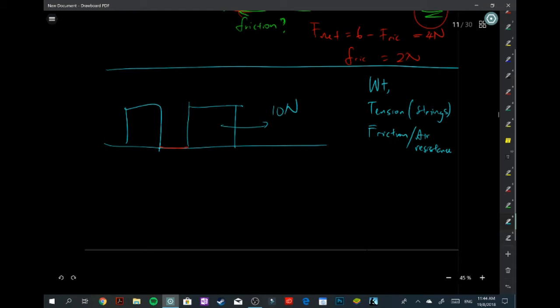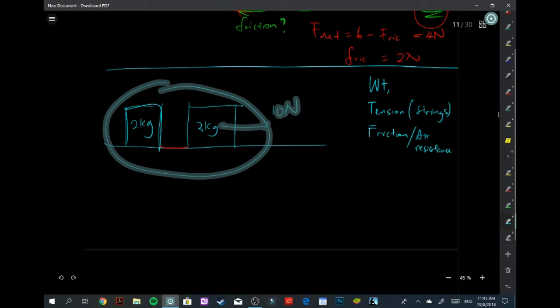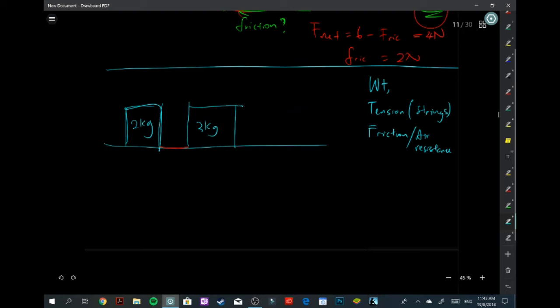Now the question is going to be asked that I want you all to identify. Let's say this is 3 kg and this is 2 kg. Let's say the net force of this system. There are a few ways to look at it. You can look at it as though this is a 5 kg block and it's being pulled by the 10 newton force.